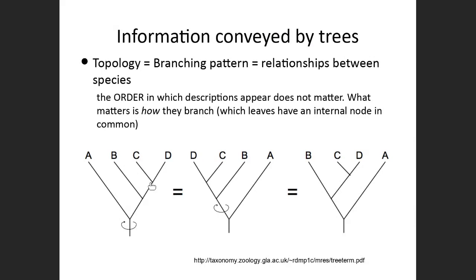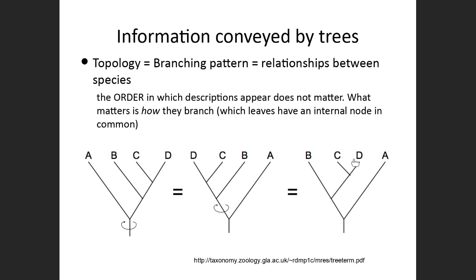So this tree here has the same topology as this. Even though they are presented differently, and we can even do like this and that, they have the same topology, even though they don't look the same, because they are demonstrating the same relationships between the entities. They are the same tree, those two trees have the same topology.